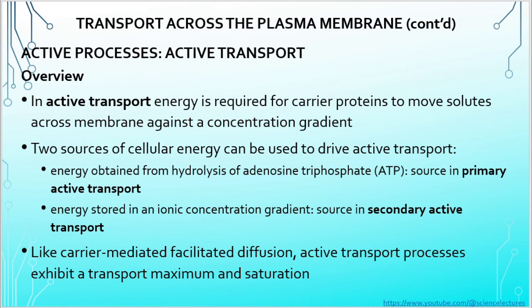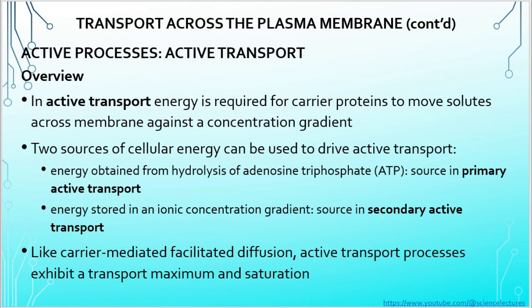Such solutes cross the membrane by a process called active transport. Active transport is considered an active process because energy is required for the carrier proteins to move the solutes across the membrane against their concentration gradient.